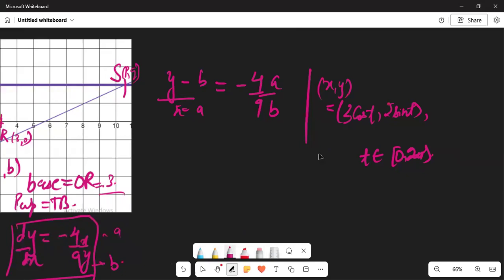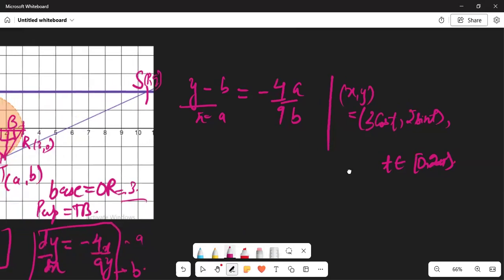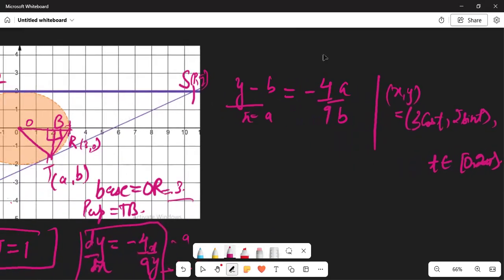Now, the best part is that the parametric form gives only one unknown variable, here it is t. Since the point T lies on the ellipse, there is some theta between 0 and 2 pi such that T has the form (3 cos theta, 2 sin theta). So we don't need a comma b; we have only one unknown variable.